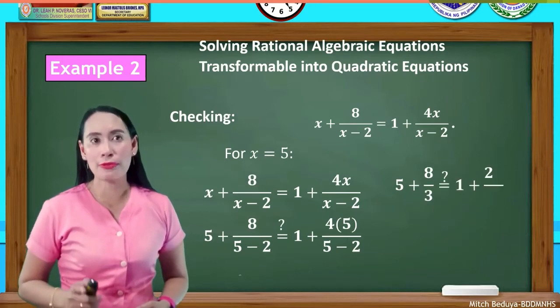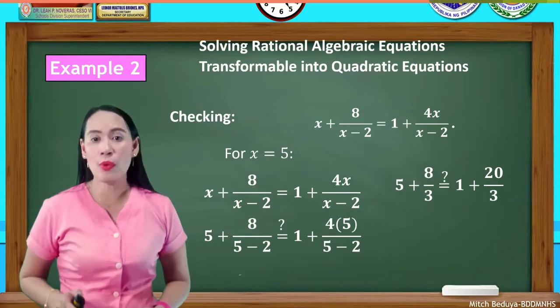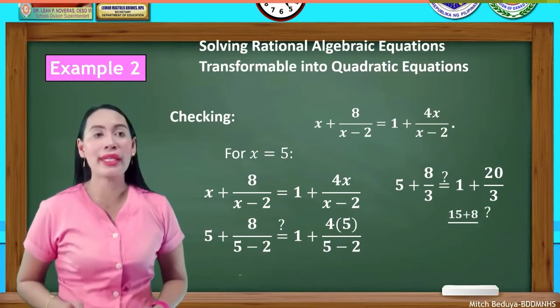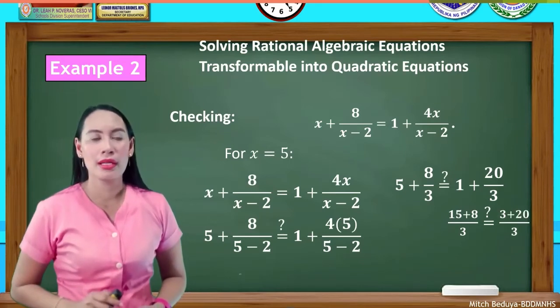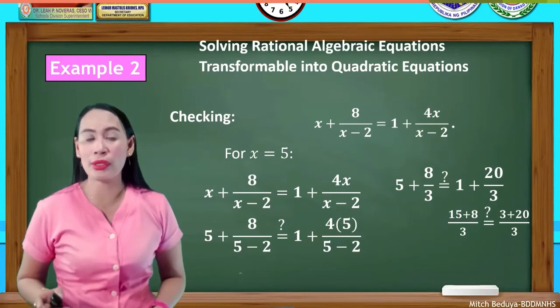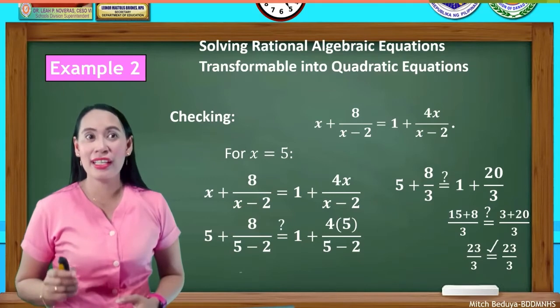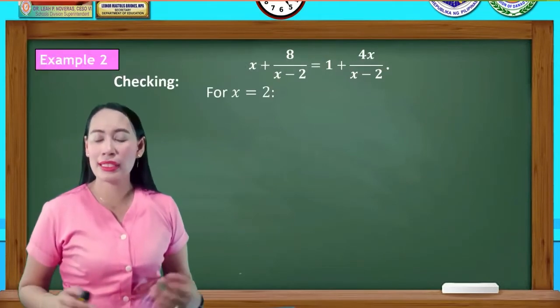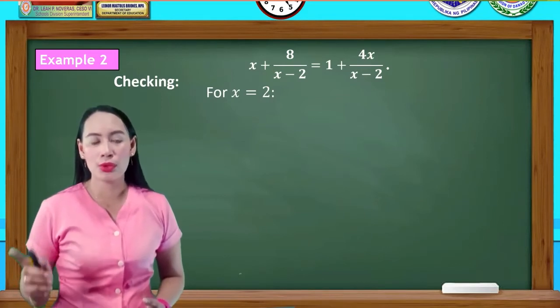So, first fraction, 15 plus 8 over 3. Is it equal to 3 plus 20 over 3, which is the other fraction? Next, 23 over 3. Is it equal to 23 over 3? Yes, they are equal.